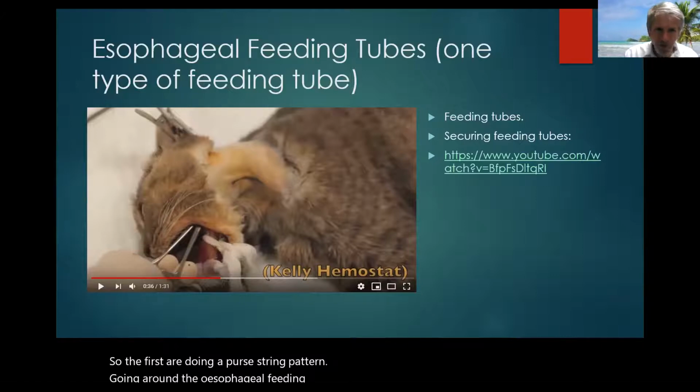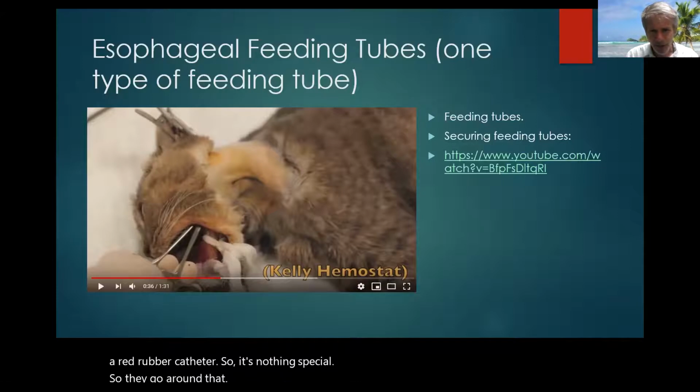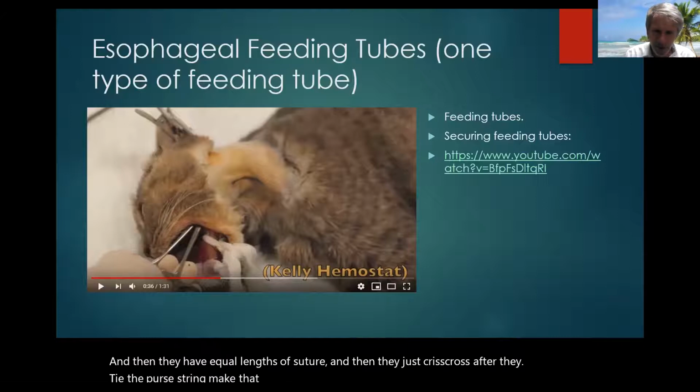The esophageal feeding tube is just a red rubber catheter, so it's nothing special. They go around that, and then they have equal lengths of suture, and then they just crisscross after they tie the purse string, make that nice and snug, coming out of the cat's neck.